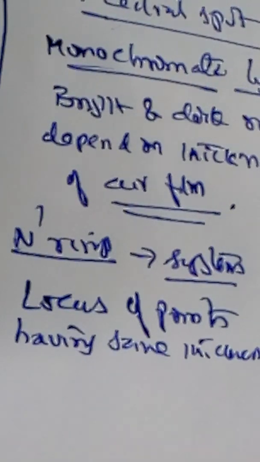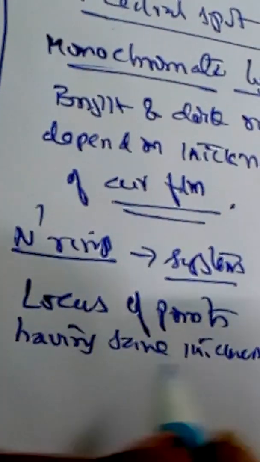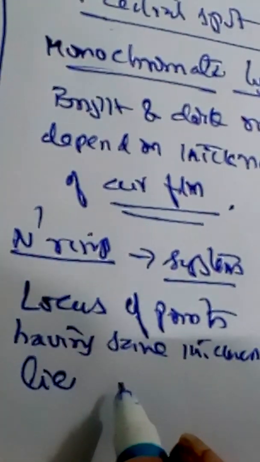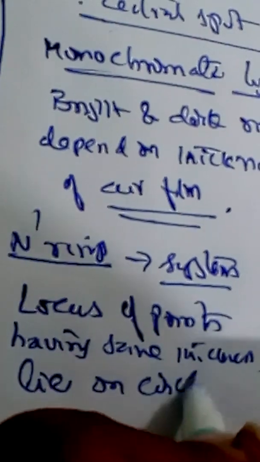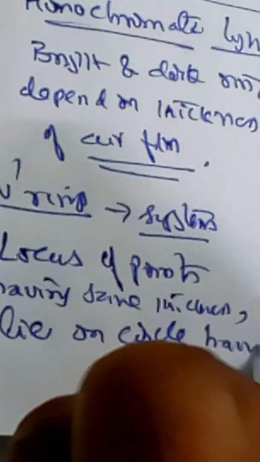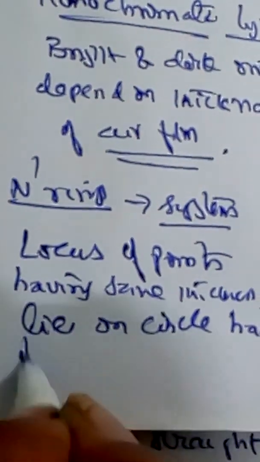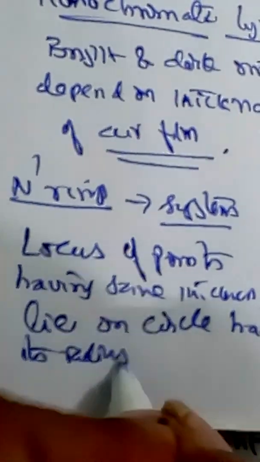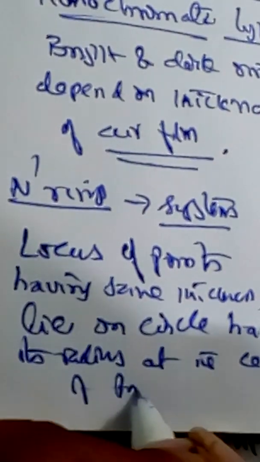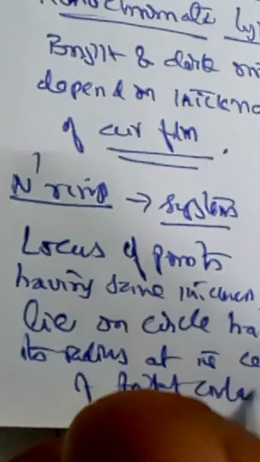If I go on identifying the locus of all the points having same thickness, they automatically lie on a circle. That circle has its center at the point of contact.